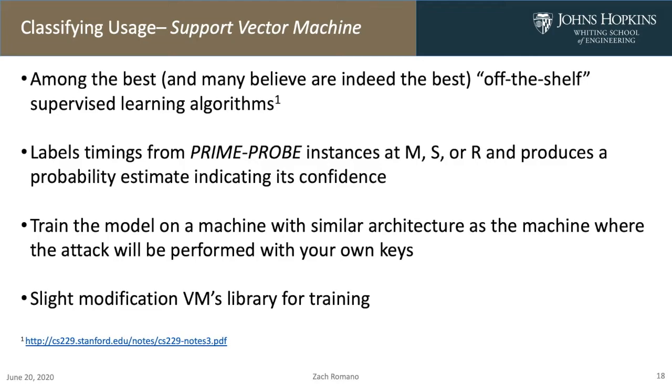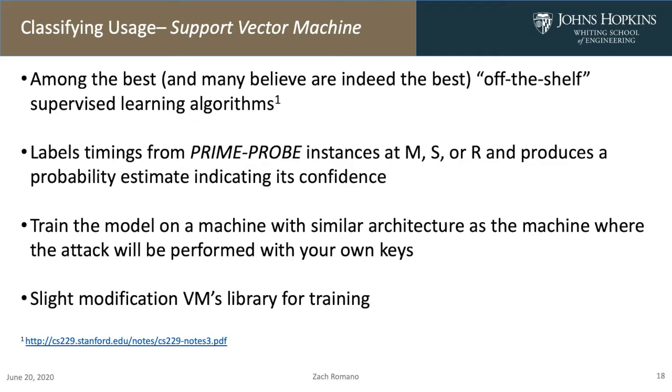What we're going to get from this is labels for the prime probe results that we got earlier, labeling them as either a multiply, a square, or a mod reduce in the square and multiply algorithm that we saw earlier. In addition to these labelings, we're also going to get a probability of its confidence. So maybe if it's a 1, it's very confident that it was a multiply, or if it's a 0.1, we're not that confident that our results are correct.